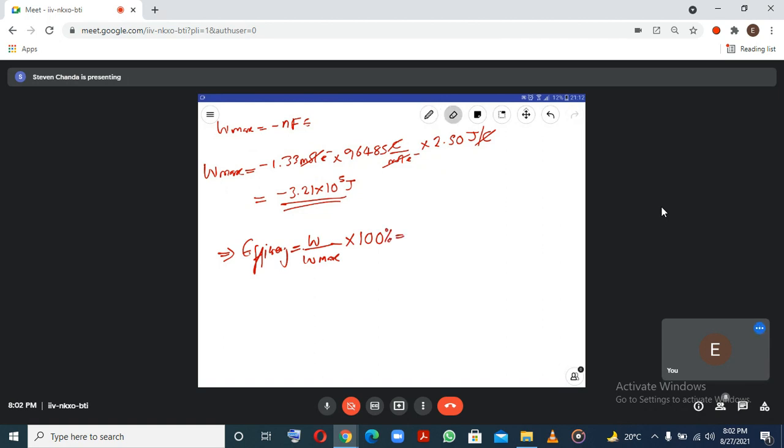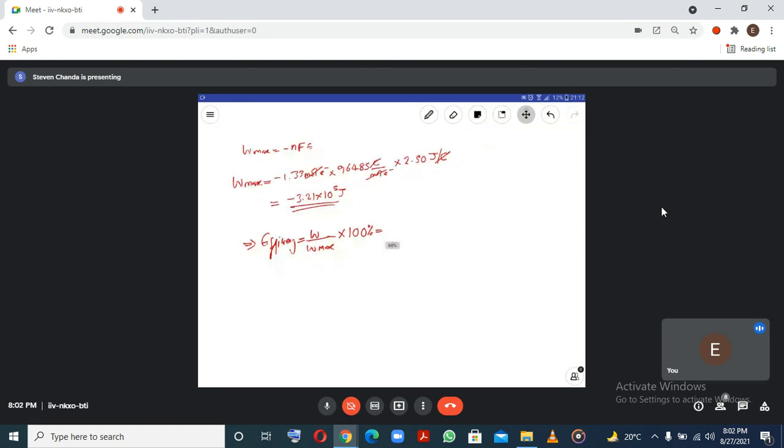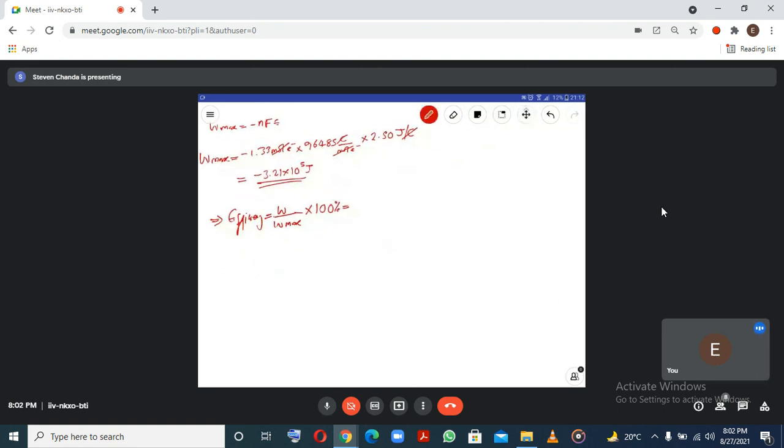Once you've done that, you just plug in the values: the actual work done, which we calculated last week, and the maximum work we've now calculated, times 100%.